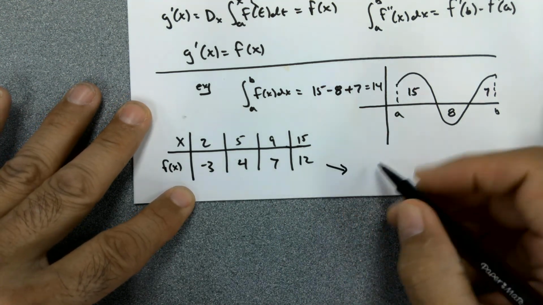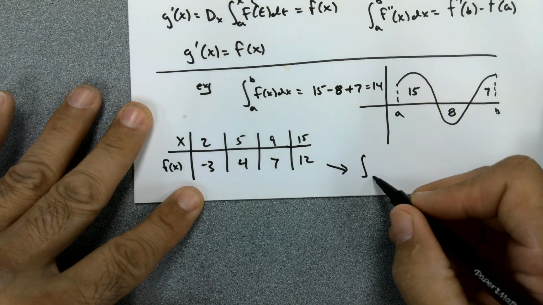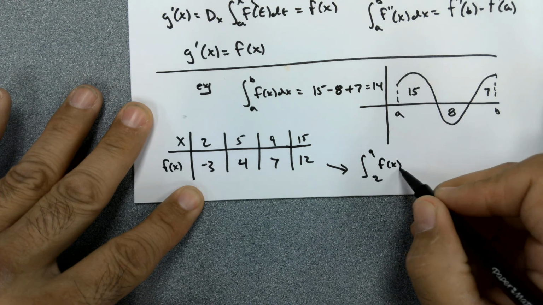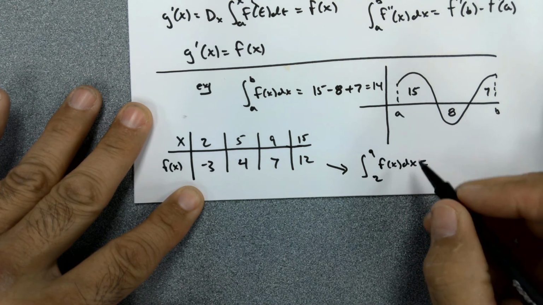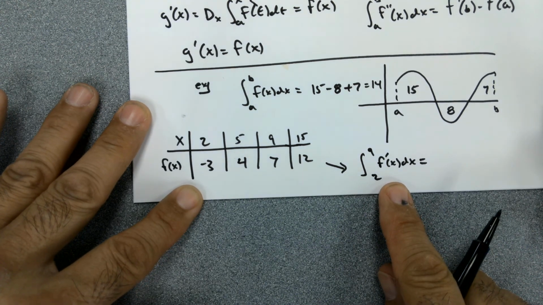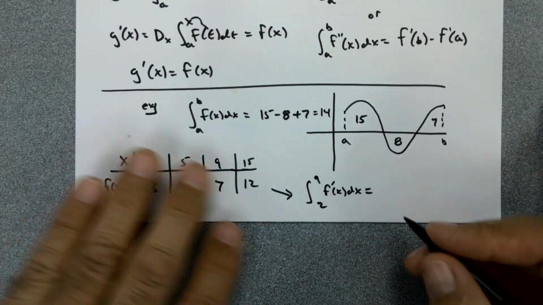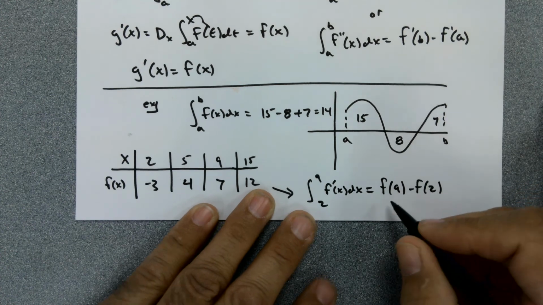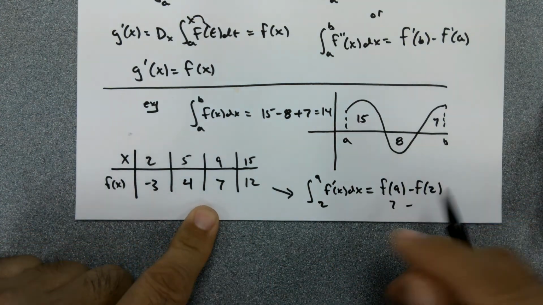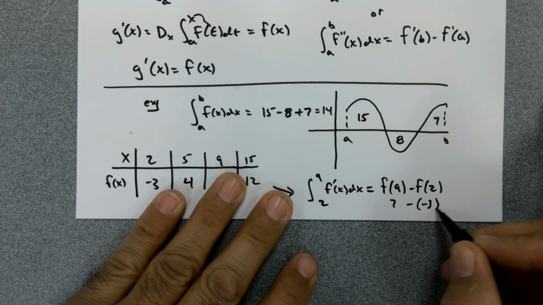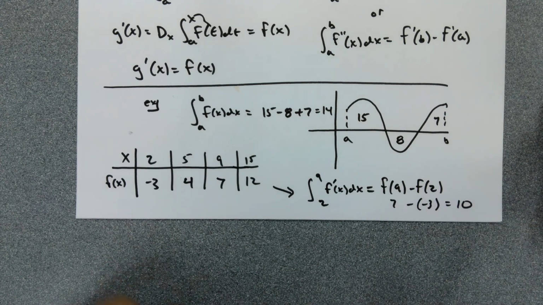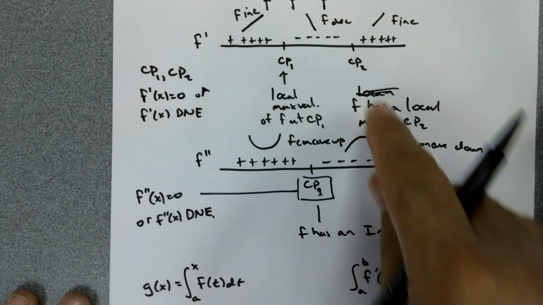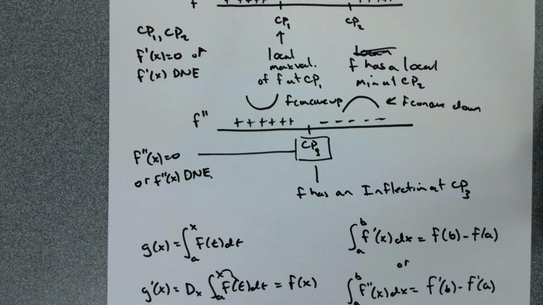And I want to say the integral from 2 to 9 of f prime of x dx. If I apply this thing to it, it's going to be f of 9 minus f of 2, and f of 9 is 7 minus f of 2 is negative 3, and we come up with the value of 10. So knowing all of this, we're ready to do battle with an f prime and f double prime problem.